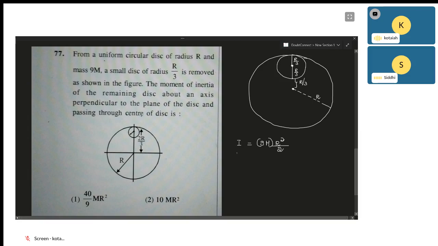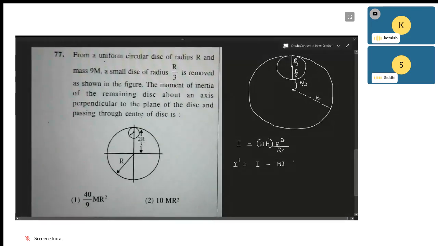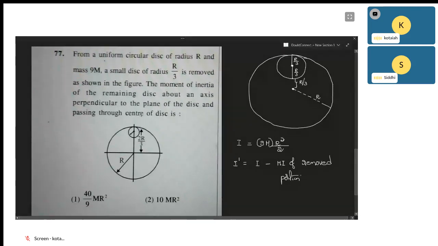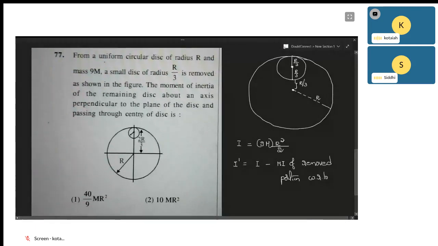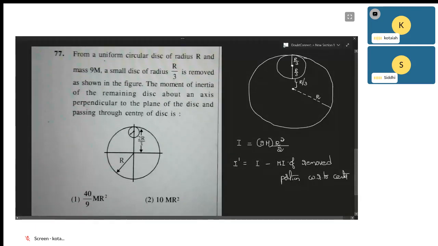Then the new moment of inertia I dash is equal to the original moment of inertia minus the moment of inertia of the removed portion with respect to center. Understand? So the new moment of inertia is equal to the original moment of inertia minus the moment of inertia of the removed portion with respect to center.